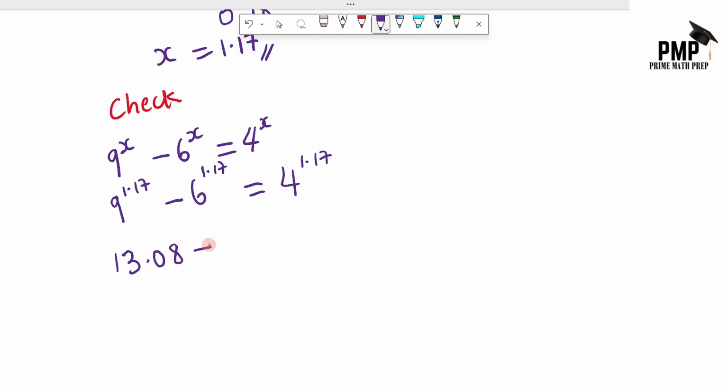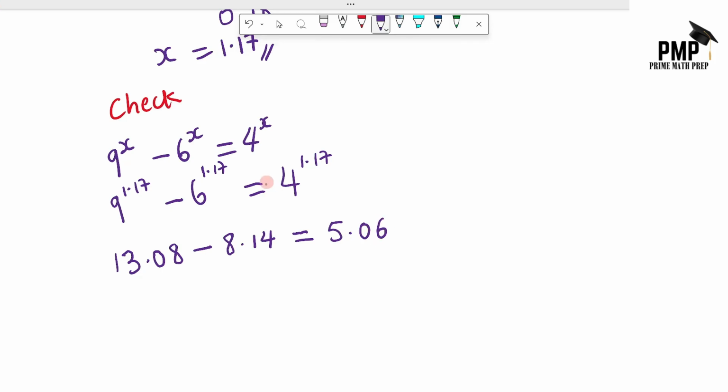13.08 minus 6^1.17, which will give us 8.14. Will this give us 4^1.17, which is 5.06?